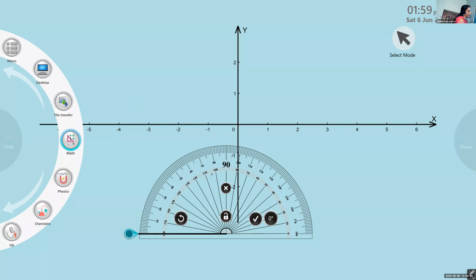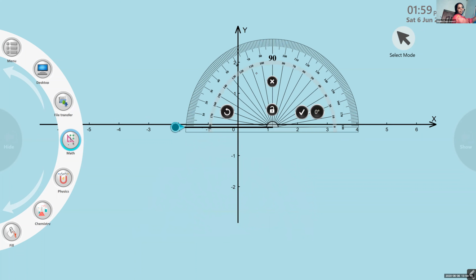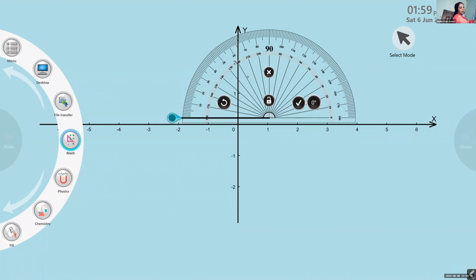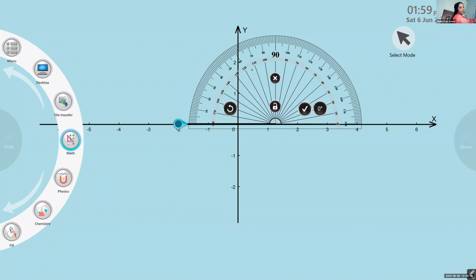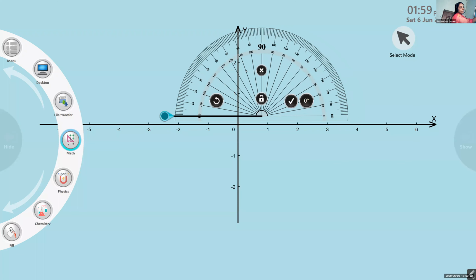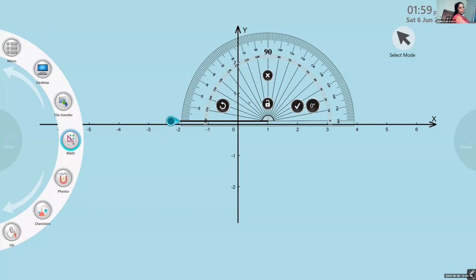We have to take this protractor like this and keep the sun-like shape here, this cross point, at one.